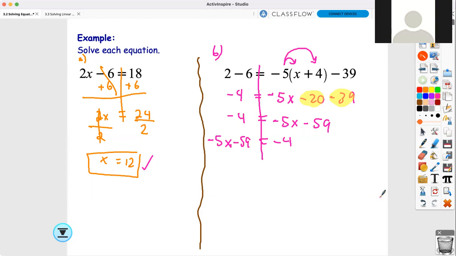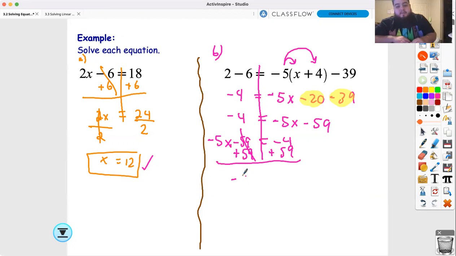The -59. Yeah, what's the opposite of -59? +59. Positive 59, so that cancels out. So then we get -5x equals, you owe the bank 4 and you had the positive 59, so you're going to have 55 for yourself. And then we're going to divide both sides by -5.